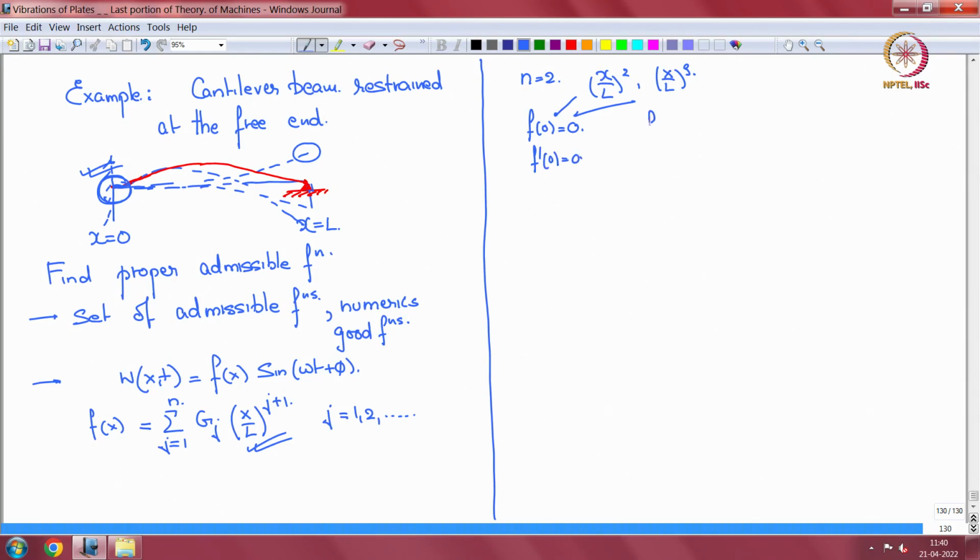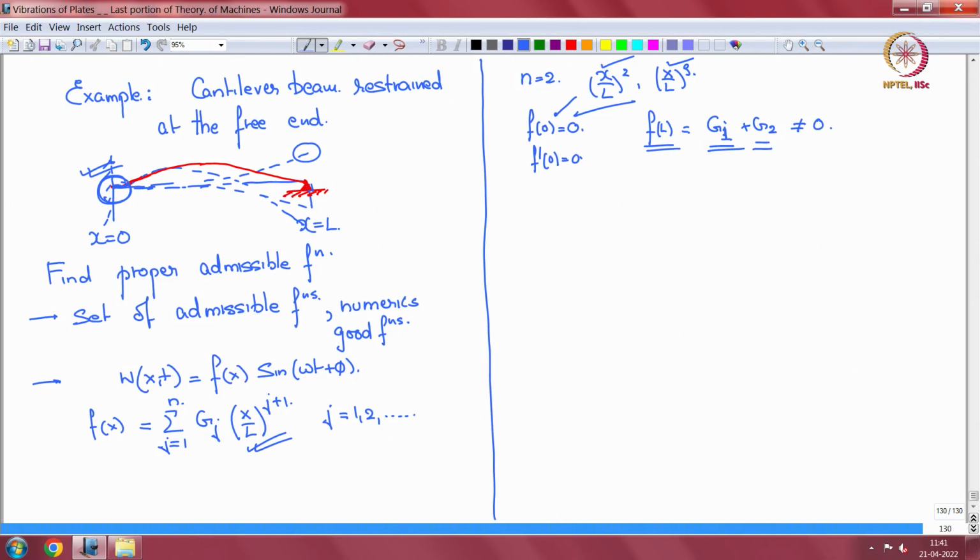However, f at L is not 0, it is G1 plus G2, because each function is 1 at x equal to L. So my f at L is G1 plus G2, which is not equal to 0 typically.